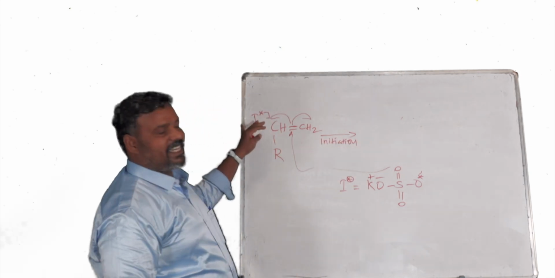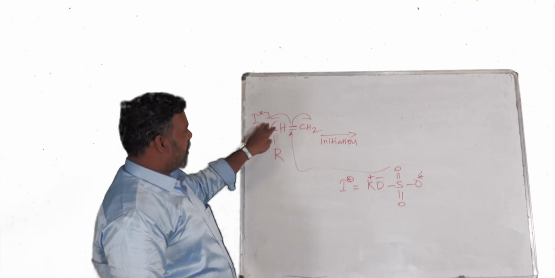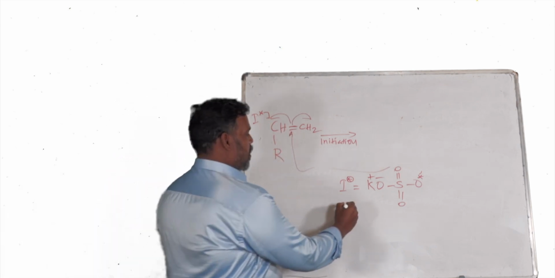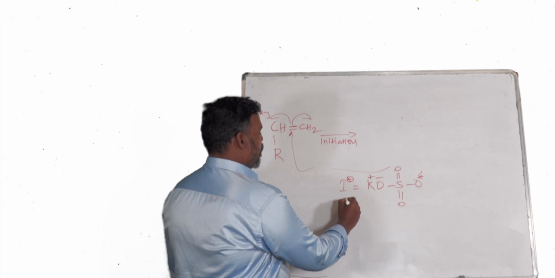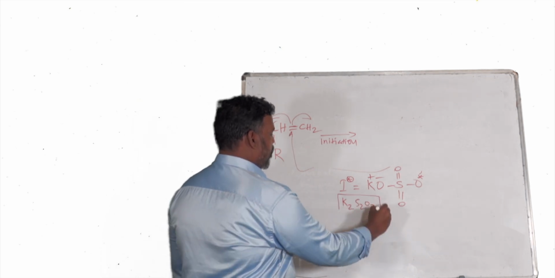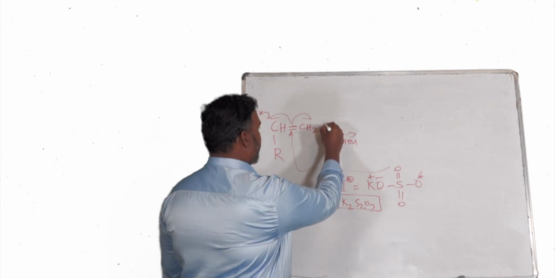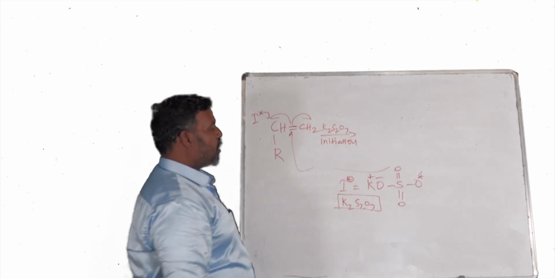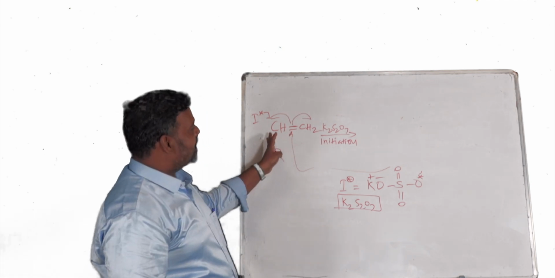It is initiated by the initiator. So this is an example, potassium persulfate. This is the formula of the molecule which is undergoing initiation. This is called a thermal initiator, so you have potassium persulfate undergoing initiation.